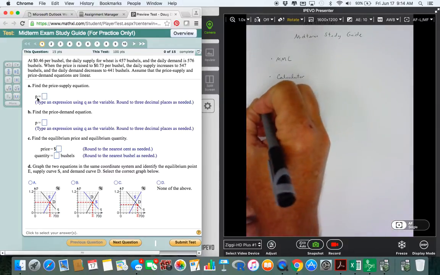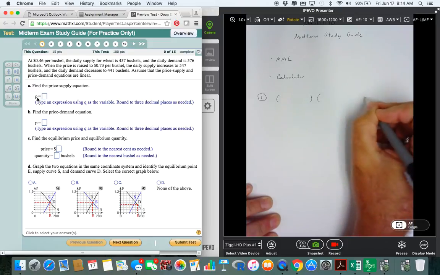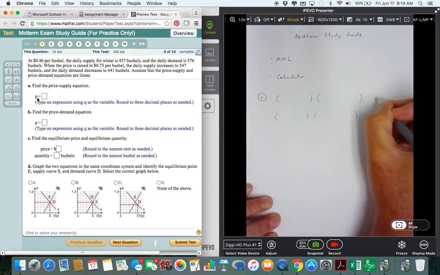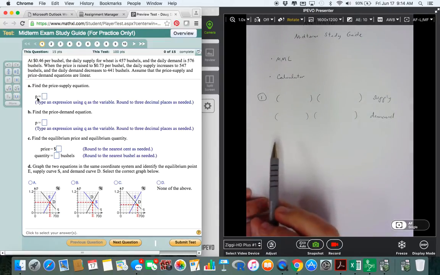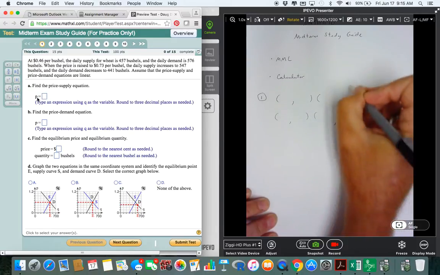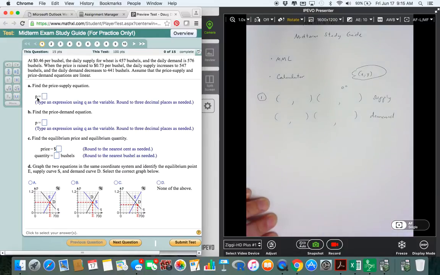So for the very first problem, I'm thinking about setting up some ordered pairs for the supply and the demand. Now, I also know that when I have ordered pairs, this is in the form (x, y).